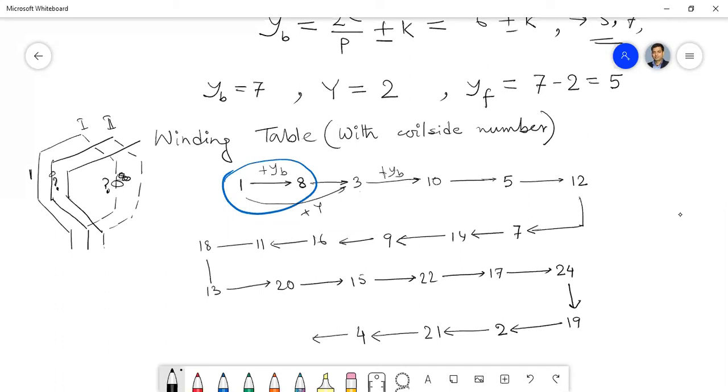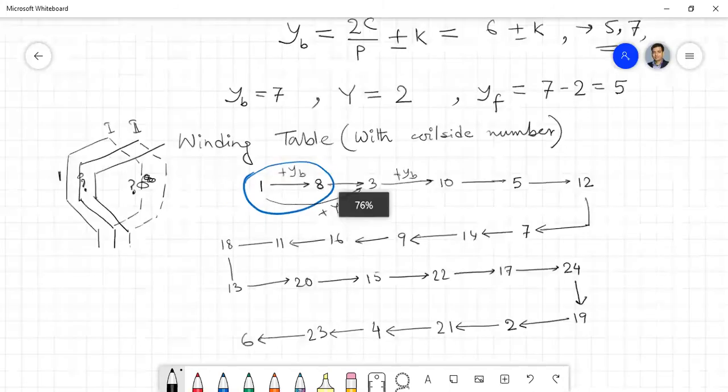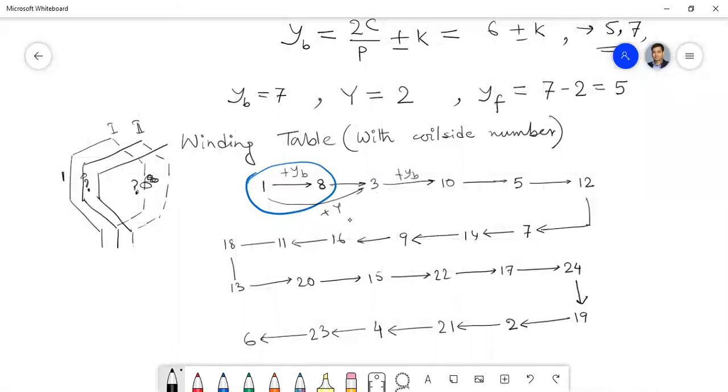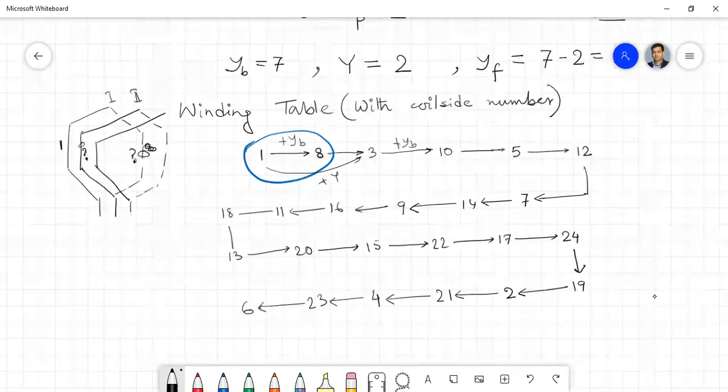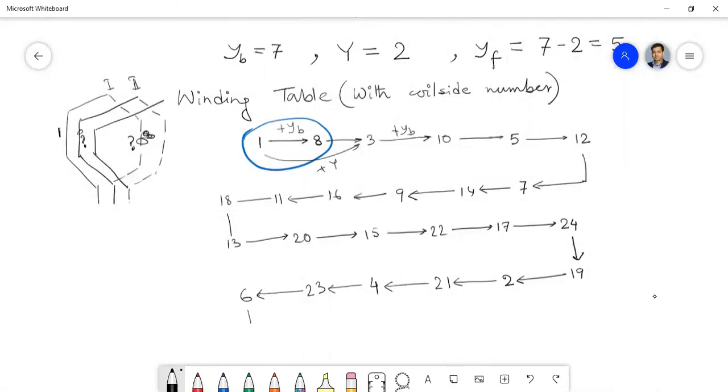After 21, you have 23, that is winding pitch. And then 30, but 30 is not there, so you can use 6. 6 will be connected to which coil side? 6 will be connected to 1 again. So this is how the winding table is made.